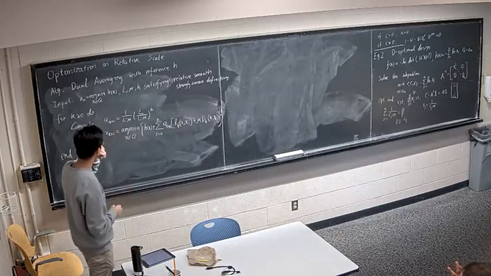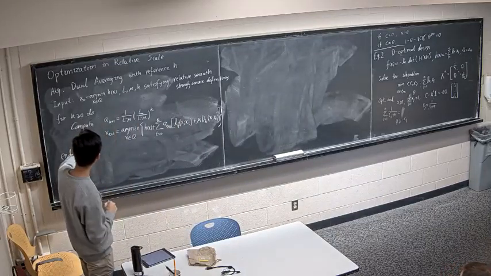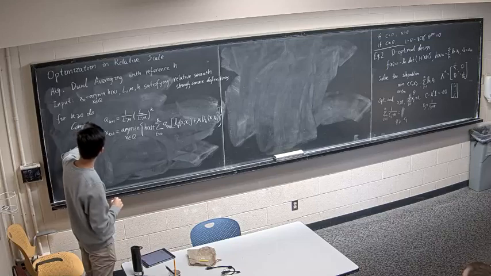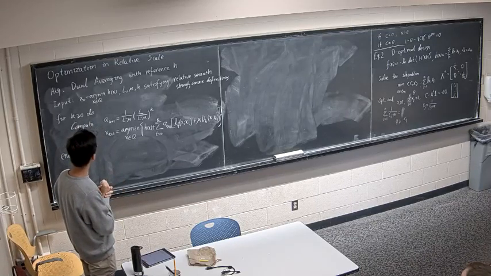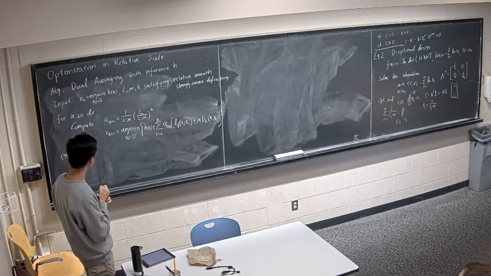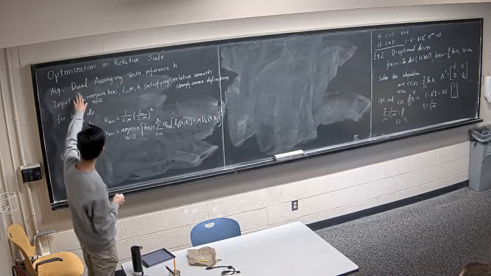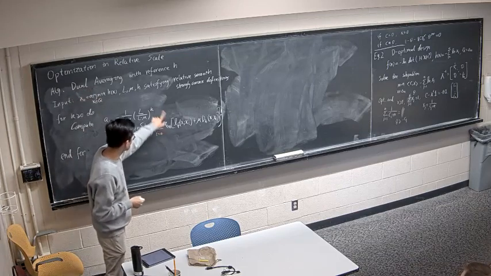This algorithm is called dual averaging. This is not new in this context, in the relative scale. It already exists in the normal setting when you use Euclidean distance. What's interesting is the name dual averaging, because this is taking an average among something.